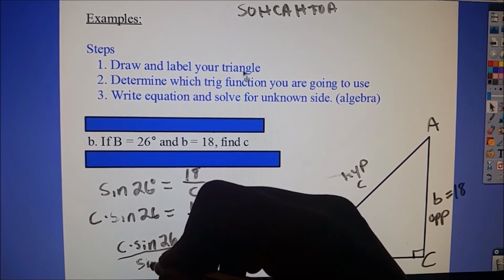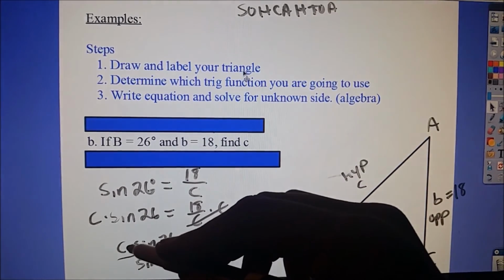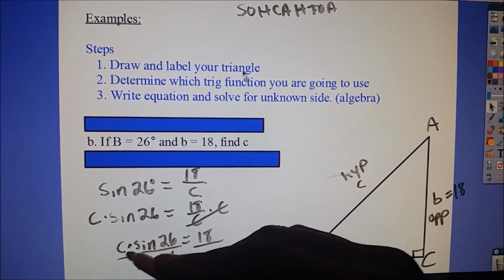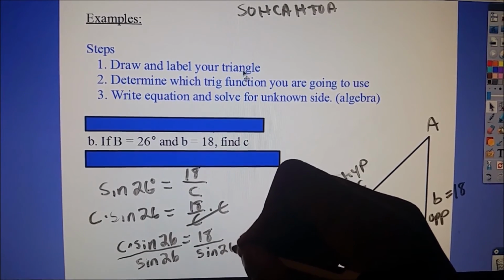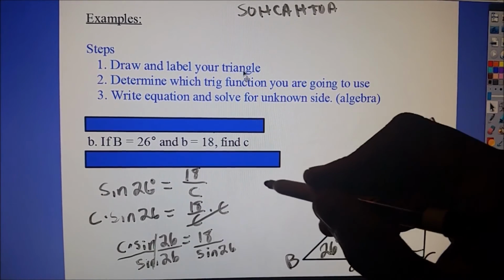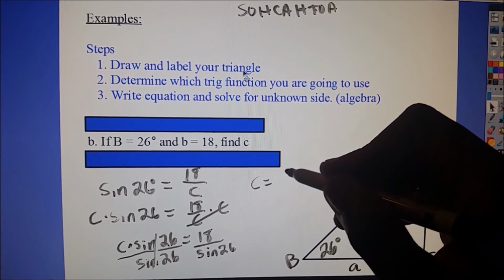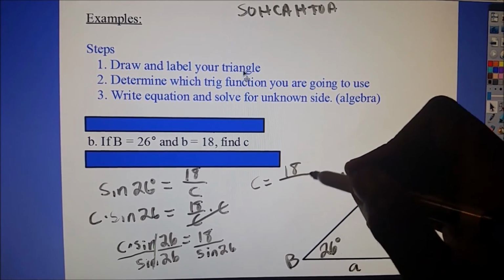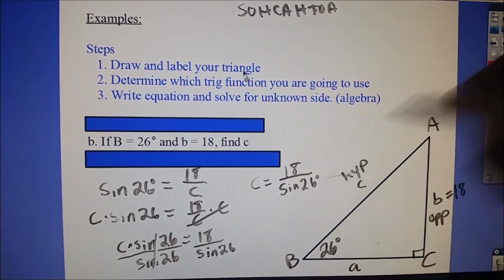Why? Because remember I told you, sine of 26 is a number, and we're multiplying. What's the opposite of multiplying? Divide. Whatever you do to one side, you do to the other. These cancel, and you're left with c equals 18 divided by sine of 26 degrees.